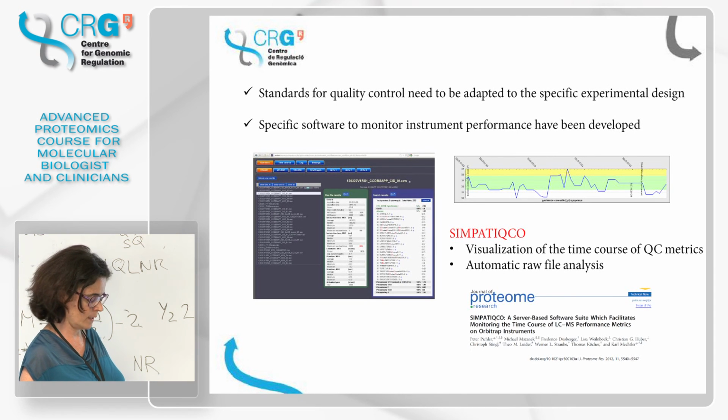Probably the most popular is this Simpatico from the Karl Mechtler group in Vienna, in which they monitor different parameters from the instrument over time, and they have a web system which allows you to make graphs and to know when you have a problem and try to do some troubleshooting of these problems.